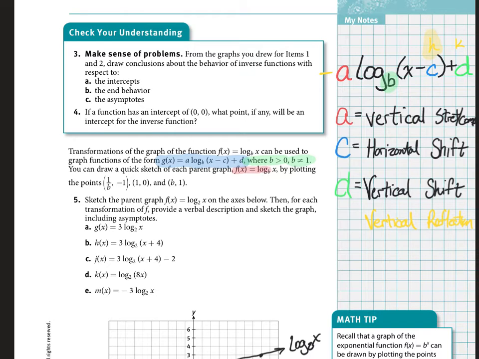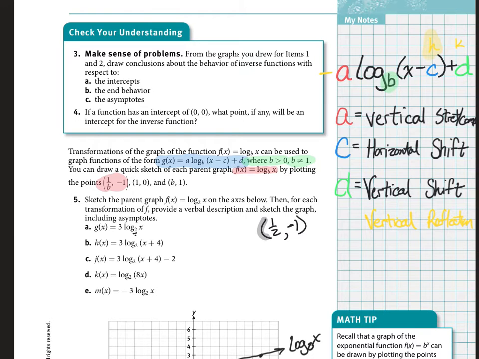On f of x equals log base b of x, you can always plot the point 1 over whatever that b value is, and -1. So in our case, the base is 2, so the ordered pair is 1/2, -1.